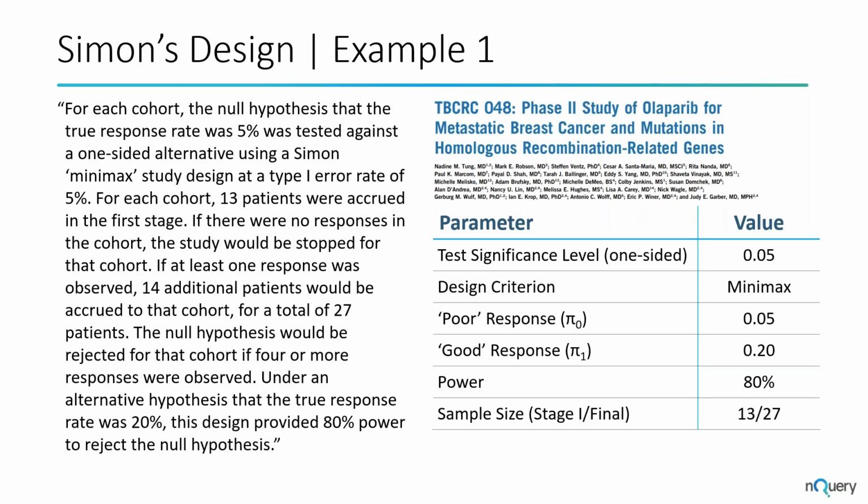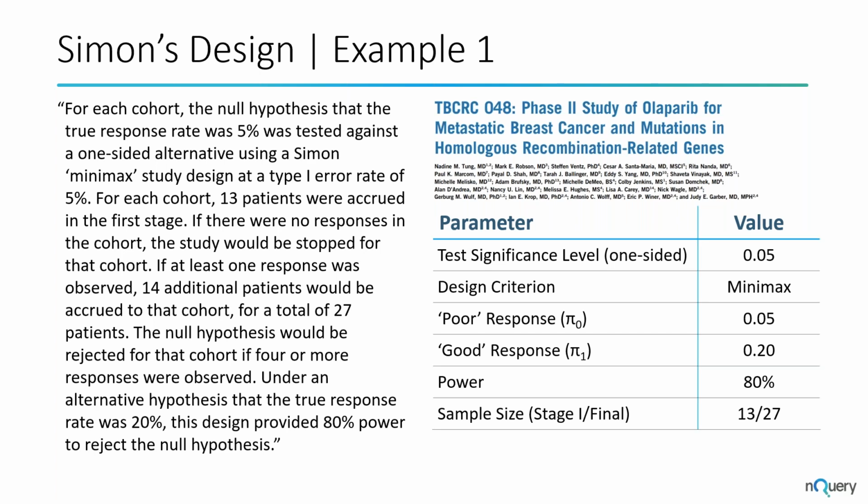The main points of note for us are that they are looking to test a poor response of 5% against a good response of 20% using a one-sided significance level of 0.05. There's a target power of 80%, and under this design, the first stage sample size was 13, and there was a final stage sample size of 27.